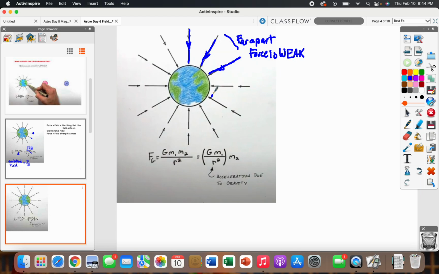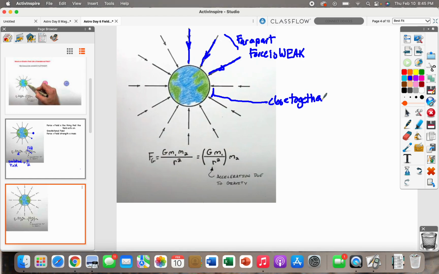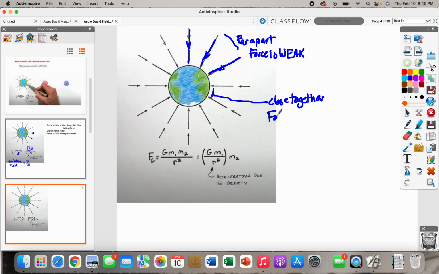And in here, where the lines are close together, that means that the force is strong. Okay, and so that's how we're going to read it off the chart.